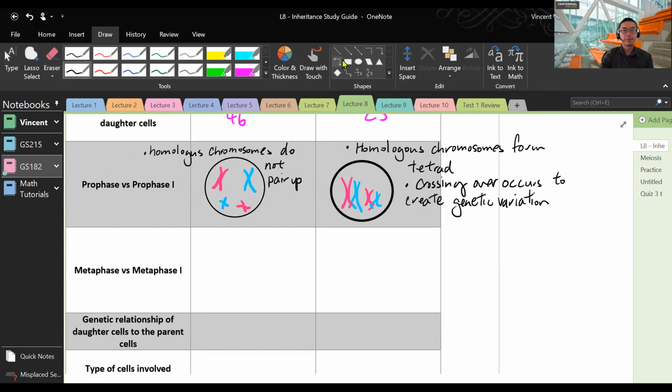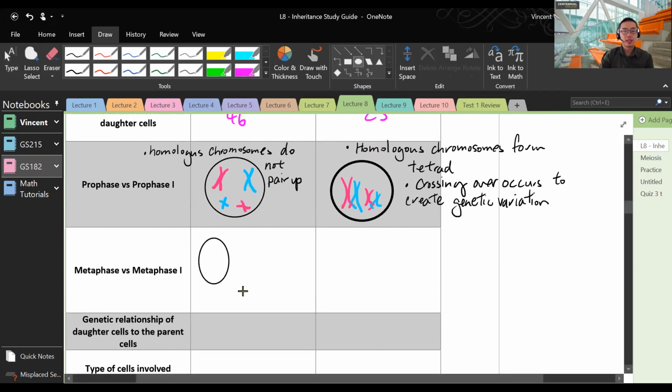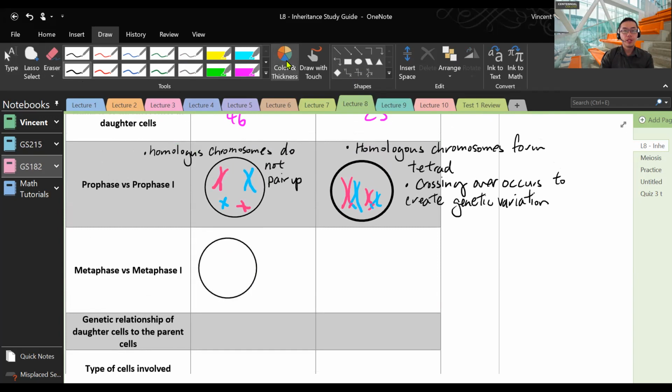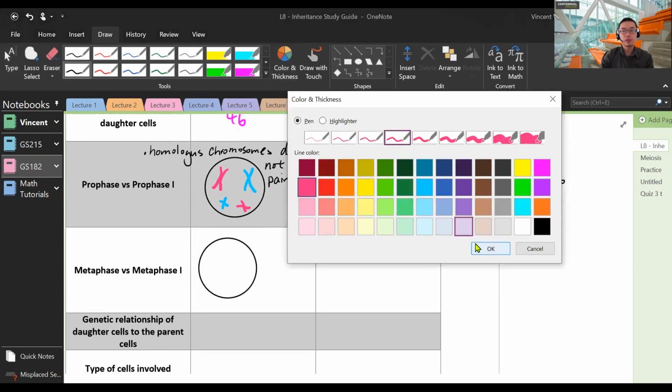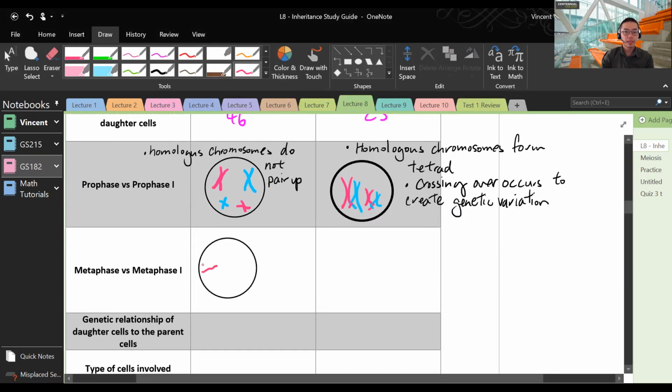Metaphase and metaphase 1. Okay, so in mitosis, the individual chromosomes line up in the middle.